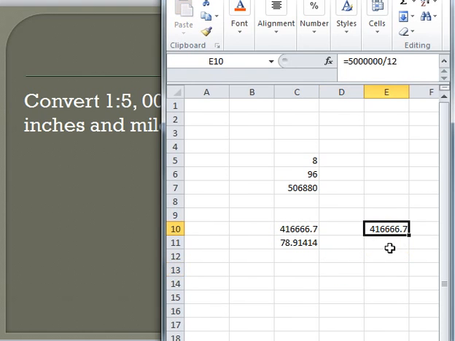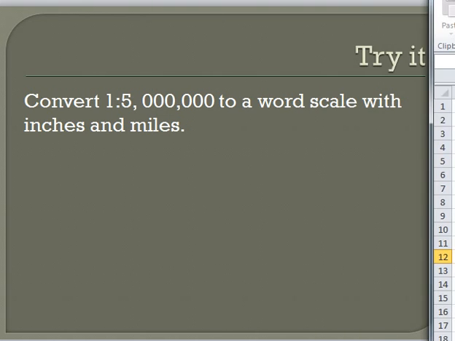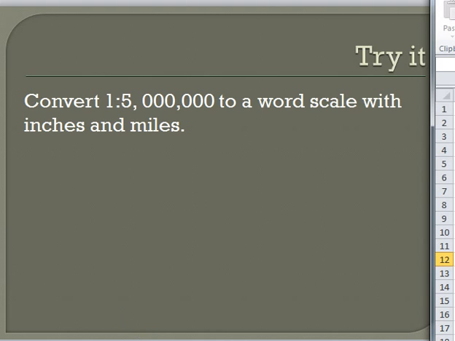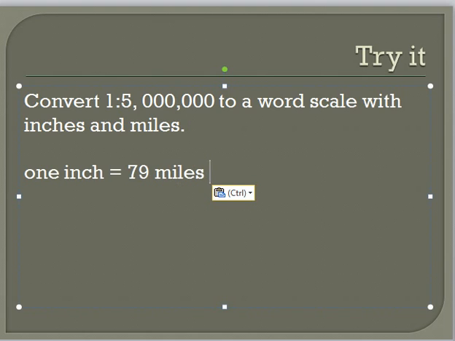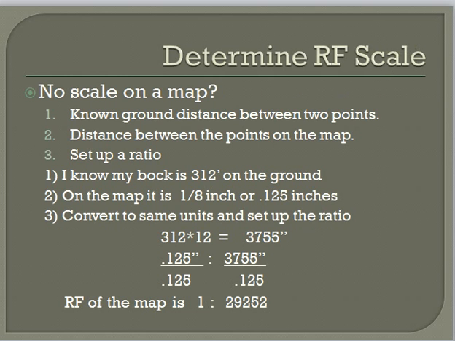All right. So now I just want to divide that. So I'm going to choose equal that divided by 5,280. And it gives me 78.9. I would definitely round that up to 79. So my answer should be 1 inch equals 79 miles. So you need to be able to work back and forth. Either way that works.